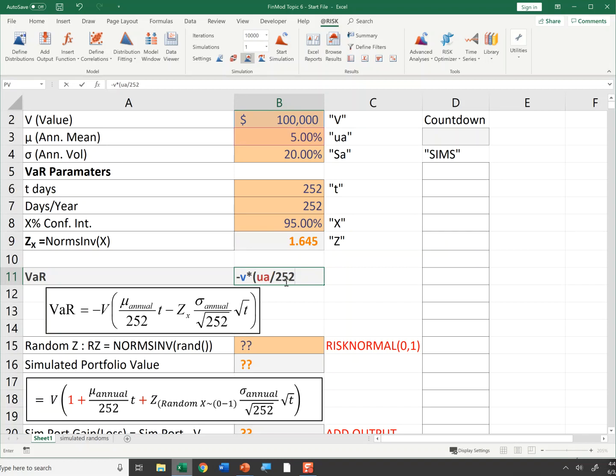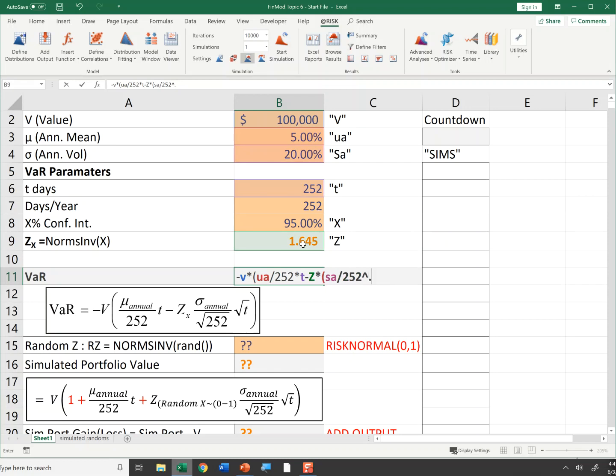That gives me a daily mean, times, looks like we're doing a 1-year VaR here, so 252 days, T, minus Z of X, my Z there, times the annualized volatility, SA, divided by the square root of 252, that turns it into a daily standard deviation.